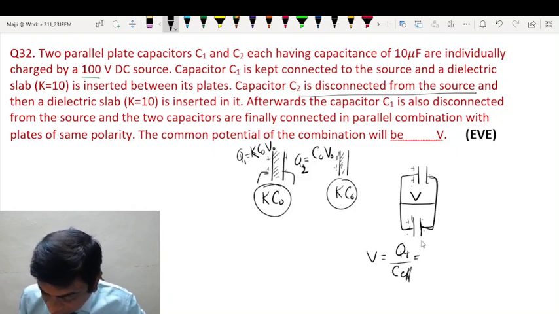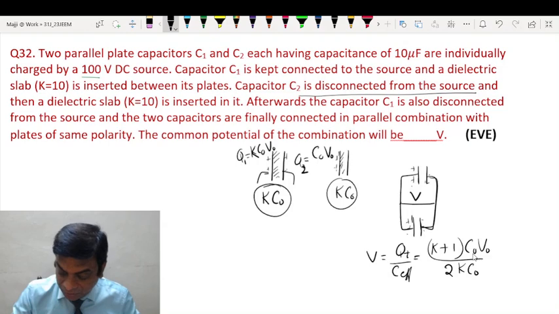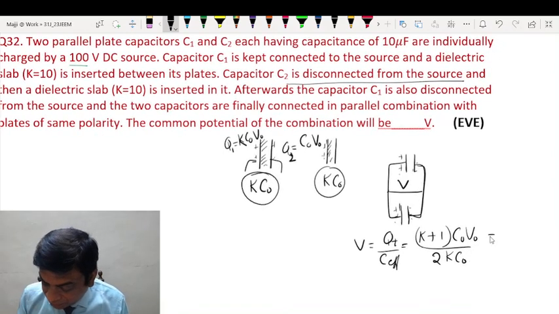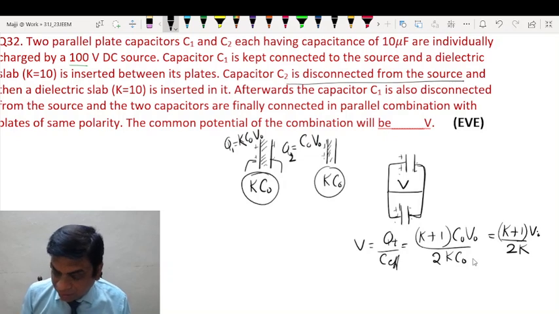So total charge is how much? K plus 1 into C0 V0. Effective capacitance is twice K C0 because they are in parallel. So finally we have K plus 1 by 2K into V0. This is the final answer.